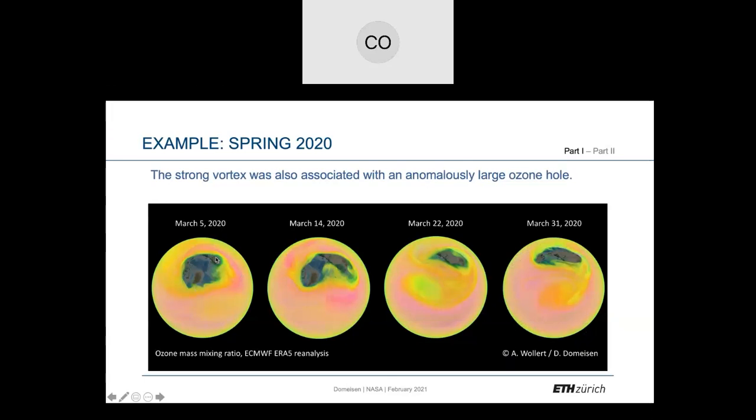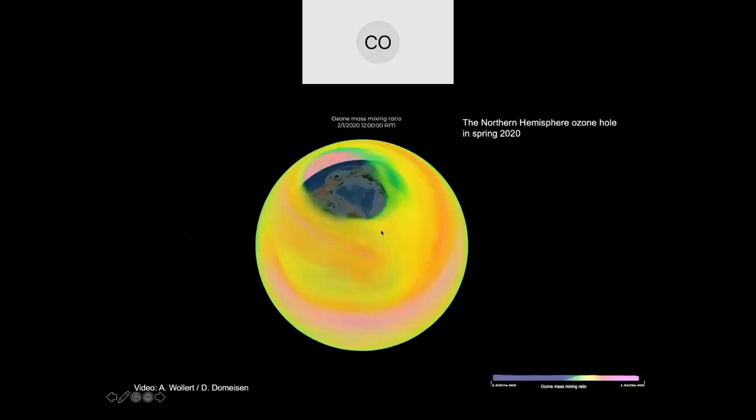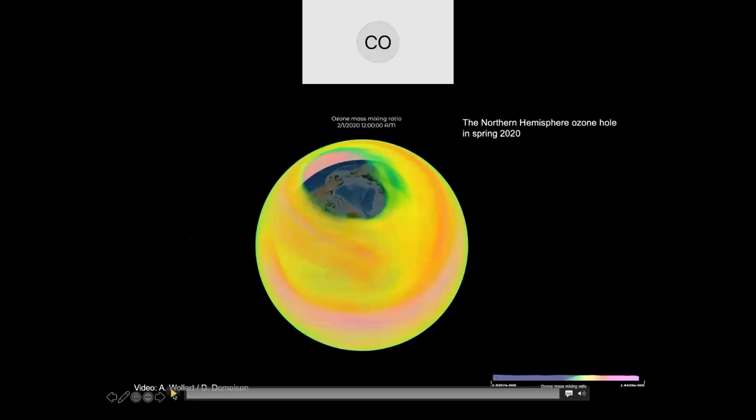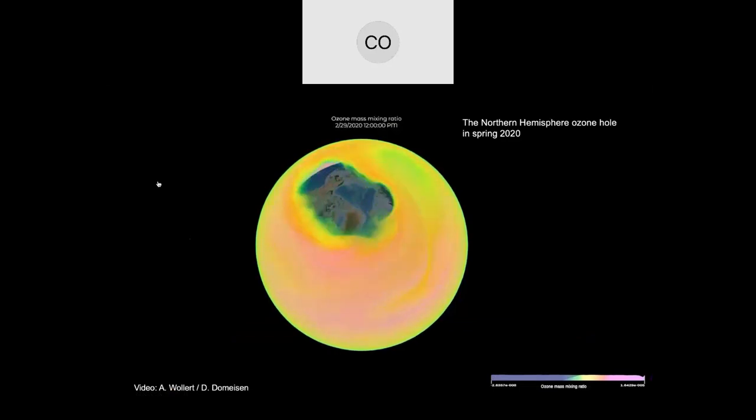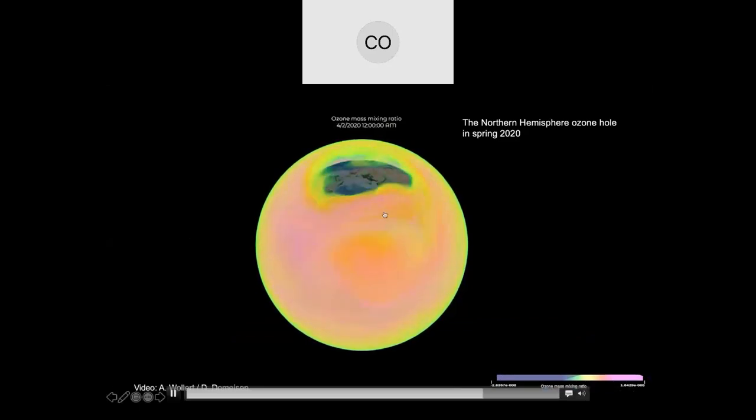Here you see the ozone mass mixing ratio for March 2020, and maybe I can show you this as an animation, where oftentimes you see very thin ozone going over really large parts of the Arctic, sometimes going all the way into lower latitudes. So I've been telling my students to put on sunscreen if they go outside.